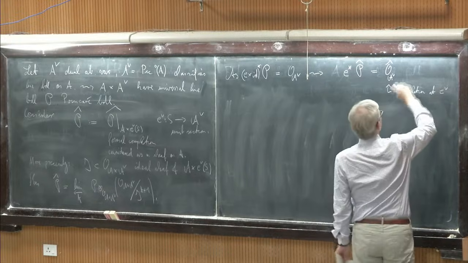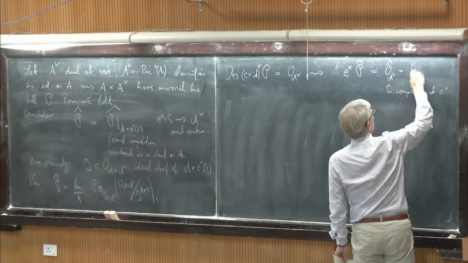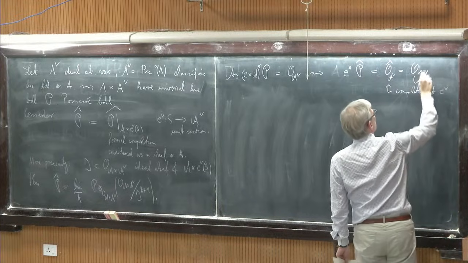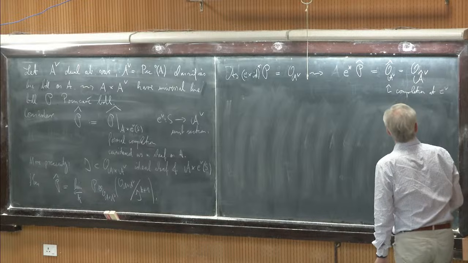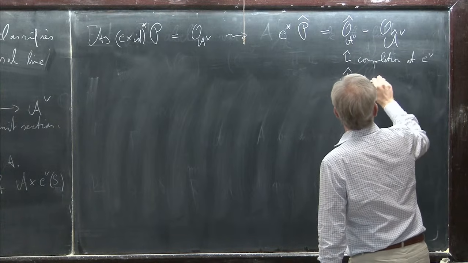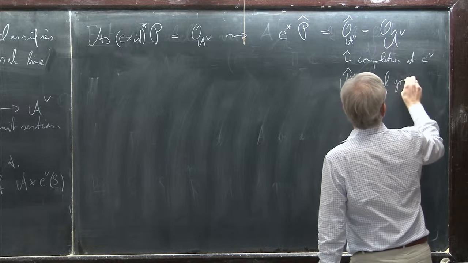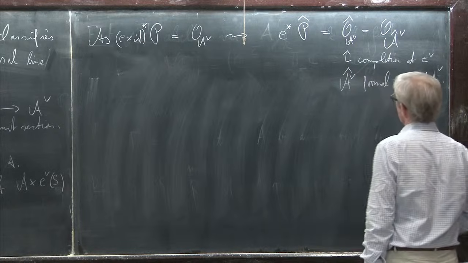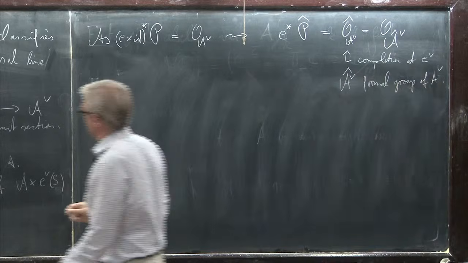And this you can think of also as being the structure sheaf on the formal group of that dual variety. So A dual hat, this is the formal group of that dual abelian variety. And this will play a role later.